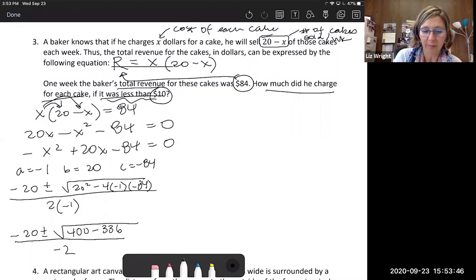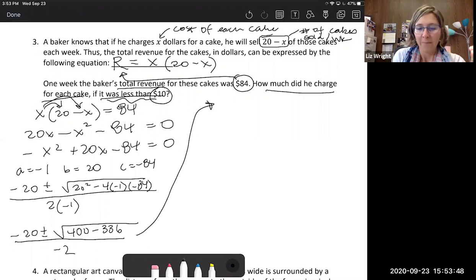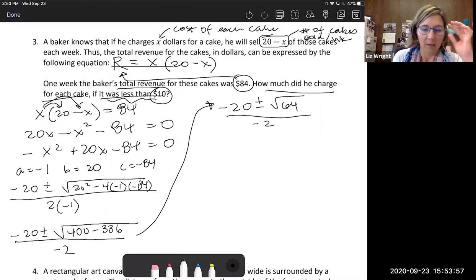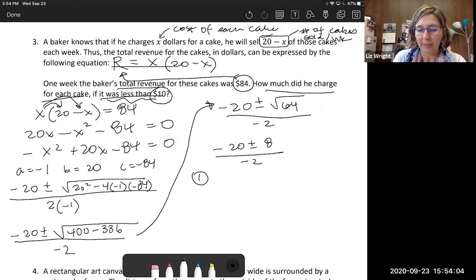So I'm going to bump to the top of my page over here. And we've got -20 plus or minus, that's going to give us square root of 64 all over -2. And so we're going to have -20 plus or minus 8 all over -2. One of our answers is going to be -20 plus 8 all over -2.